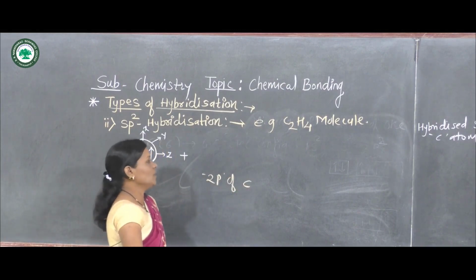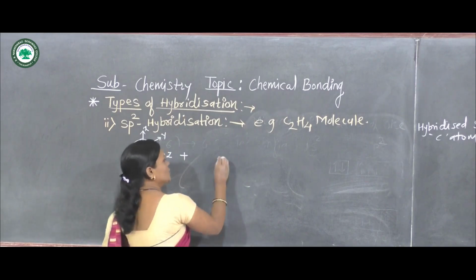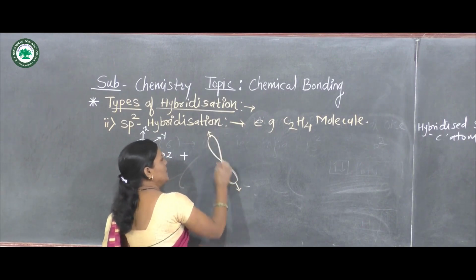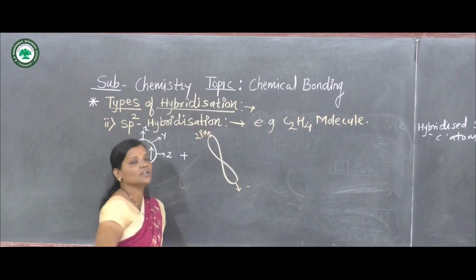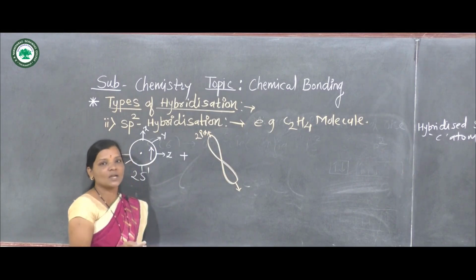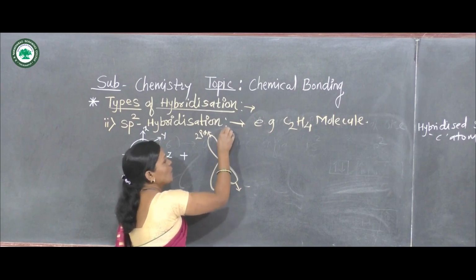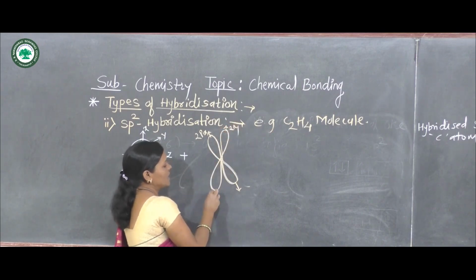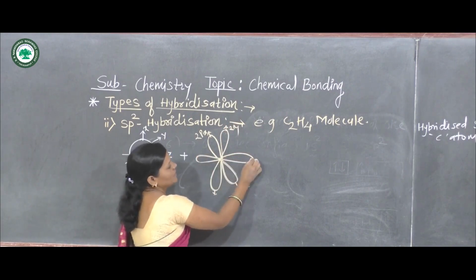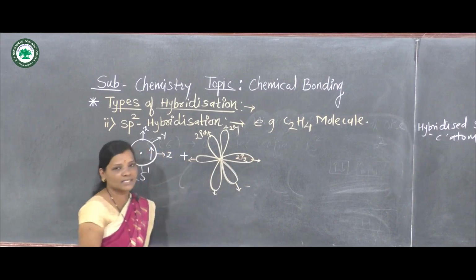Each p orbital is dumbbell shaped. Let us consider first this one is 2px orbital, because this 2p orbital lies along x-axis. Now this one is 2py orbital because it lies along y-axis, and this is 2pz orbital because this lies along z-axis.